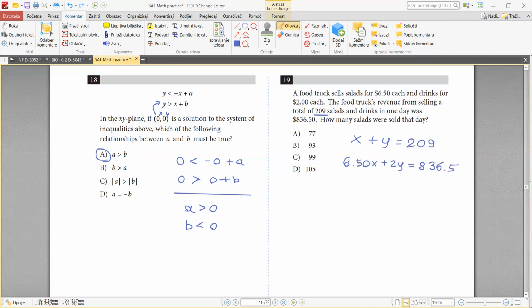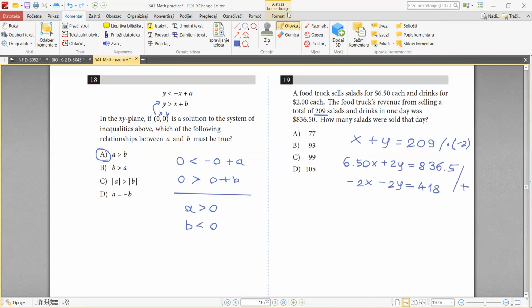And we need the number of salads, which is x. So we'll multiply the first equation by -2. Then we get -2x minus 2y equals -418.